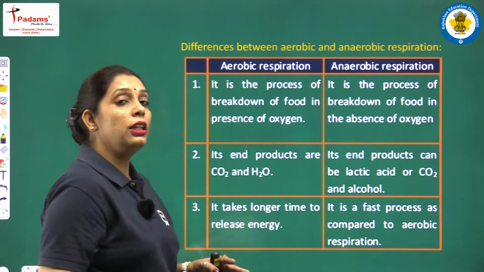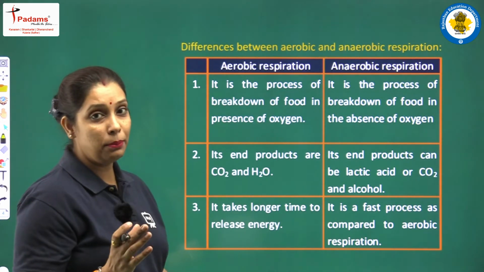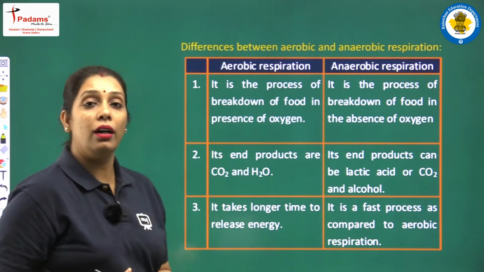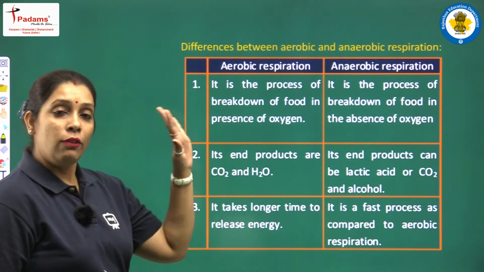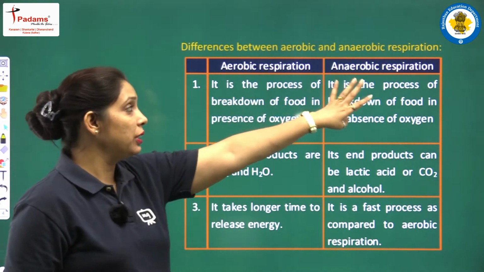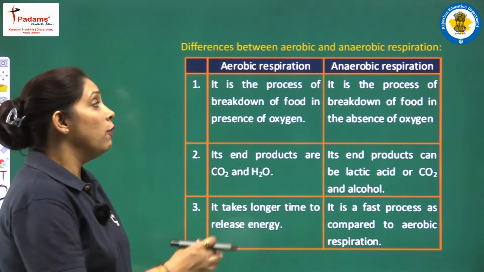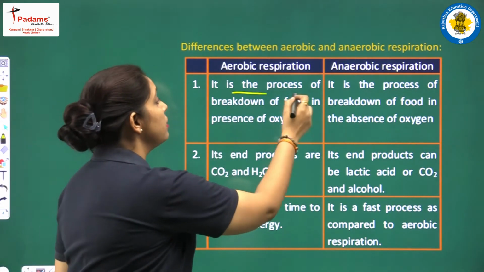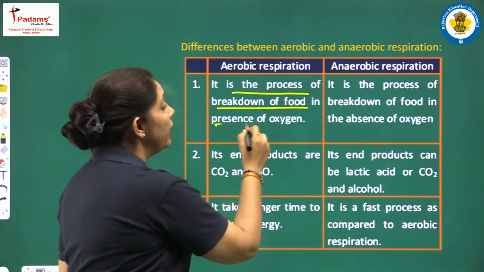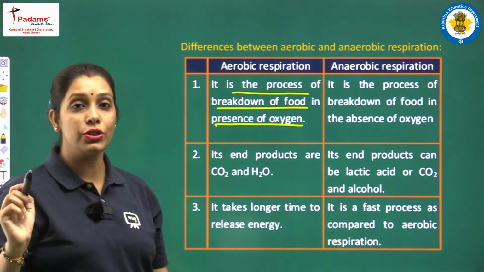Again, I am repeating, you always have to make a table as you are looking at the screen. First, we will write the aerobic respiration, then anaerobic respiration. Is that clear to everyone? First difference is, it is the process of breakdown of food in the presence of oxygen.